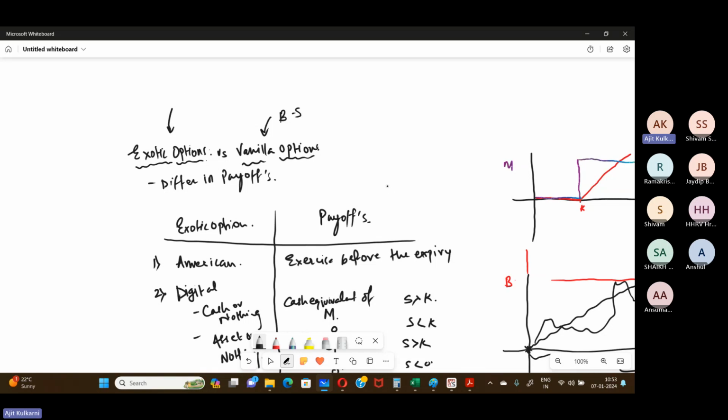It can be Monte Carlo simulation, it can be a binomial tree, and so on. So you have to choose some kind of simulation methodology where you evolve the stock price, and then you get the payoff, and then discount it and bring it to present value.